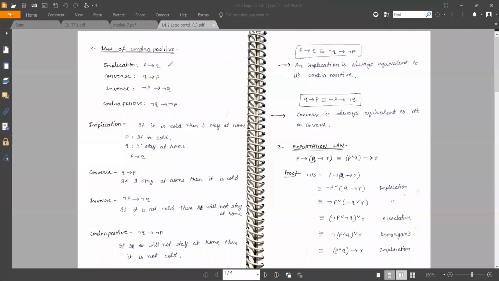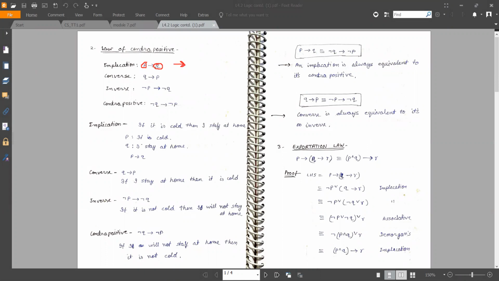First of all, implication we are all aware of. The implication involves two operands, P and Q, and an arrow pointing from input to output.